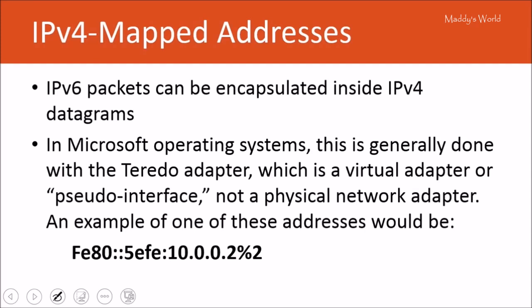And an example of these addresses is just located below. So this is kind of crazy, but what happens is we basically take an IPv6 packet and then we just wrap it inside of an IPv4 datagram, send it along, and then that pseudo interface, that virtual adapter, is going to go ahead and unwrap the IPv6 packet, and then data is going to move along with processing.